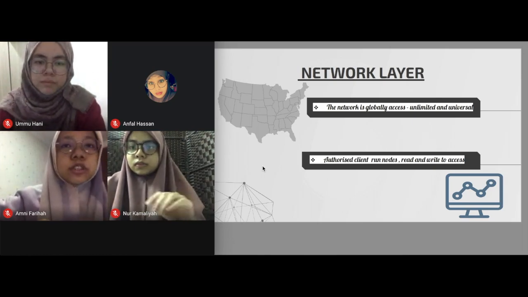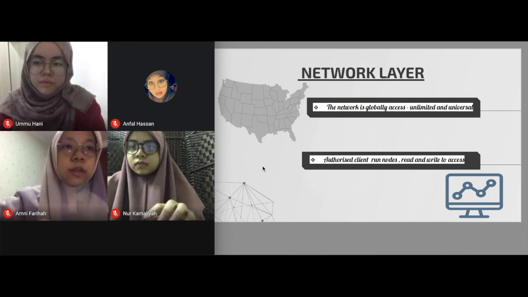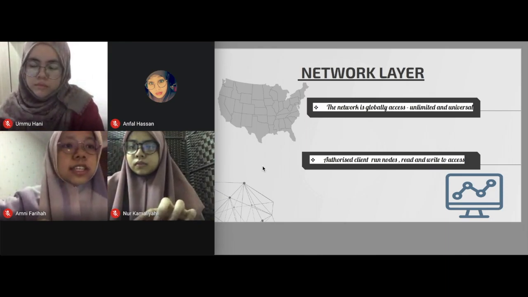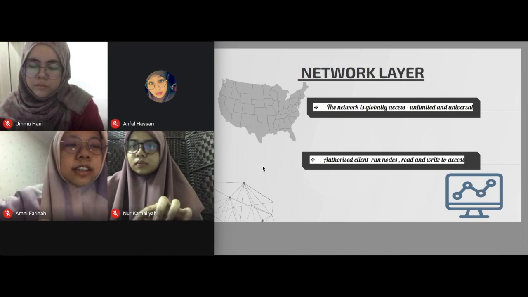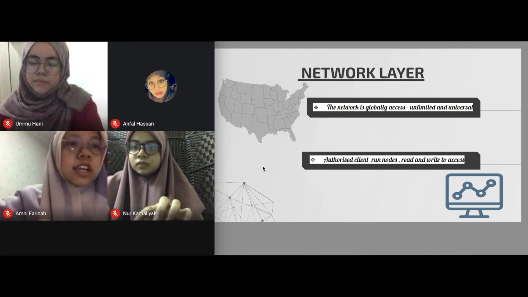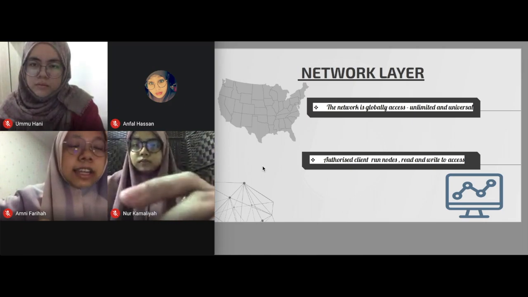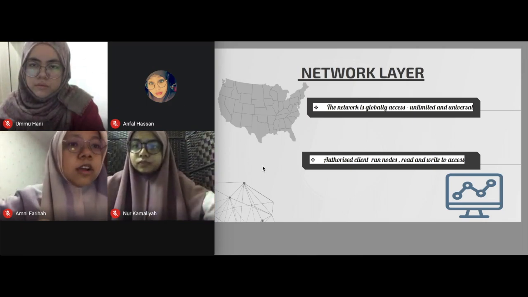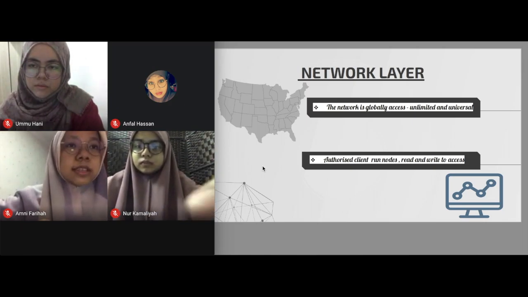So moving on to the next point under the network layer, which is who is going to run the nodes. Here we see that in relation to the private blockchain, the authorized client or customer should run it, or should have read and write access to the blockchain.